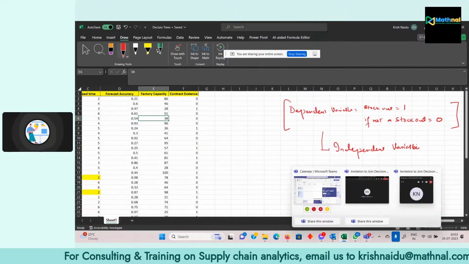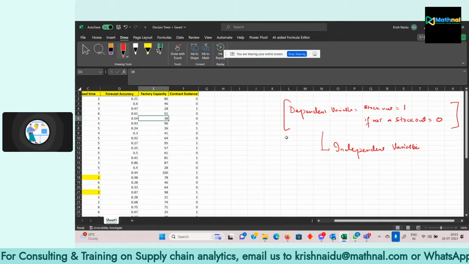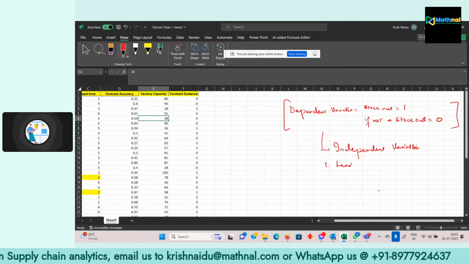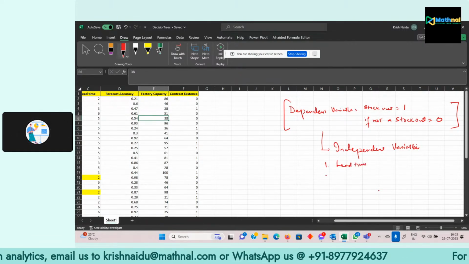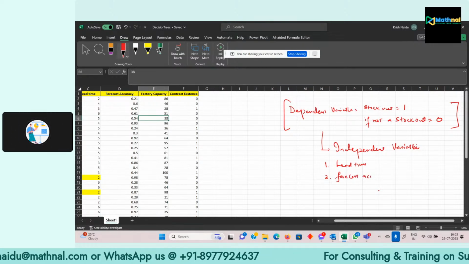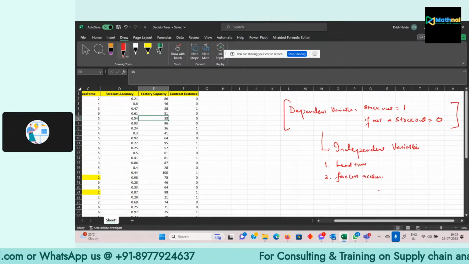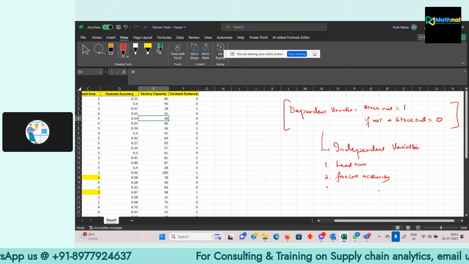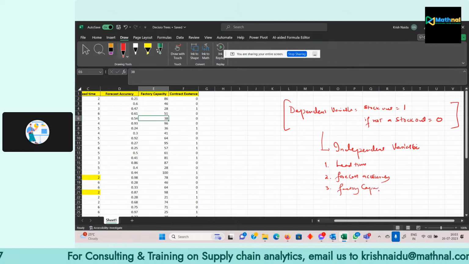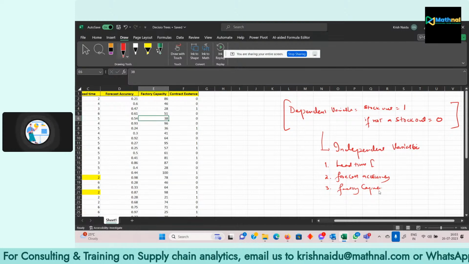The independent variables which I'm choosing in this data set: the first one is lead time, second is forecast accuracy, third is factory capacity of supplier. This is also lead time from supplier.